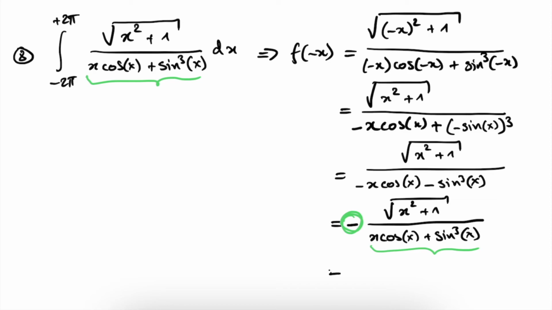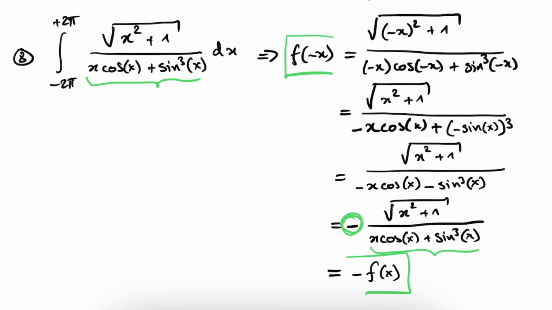So we indeed again get that this is equal to minus f of x. And this is exactly what we had for the definition of an odd function. So this function, as complicated as it is, is an odd function. And this means that this entire integral is certainly 0. So we know that this complicated looking integral is 0 without doing any integration at all.